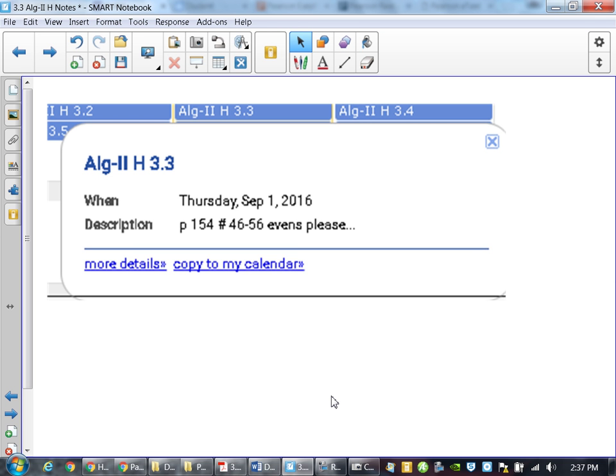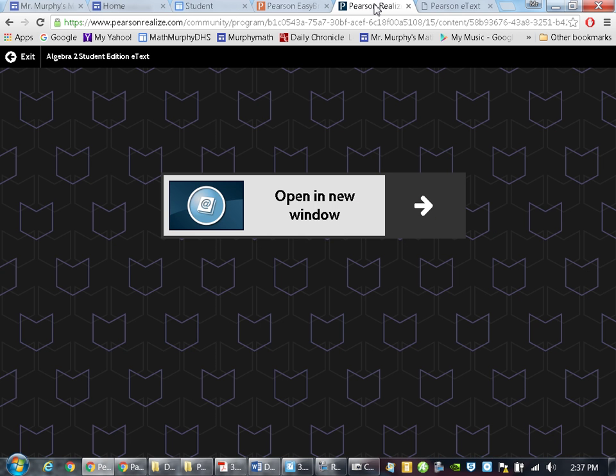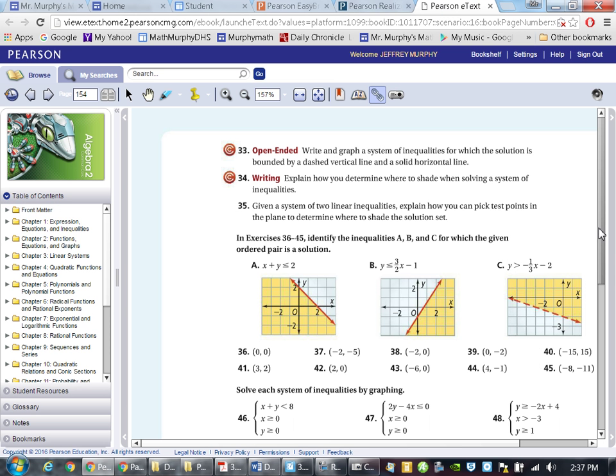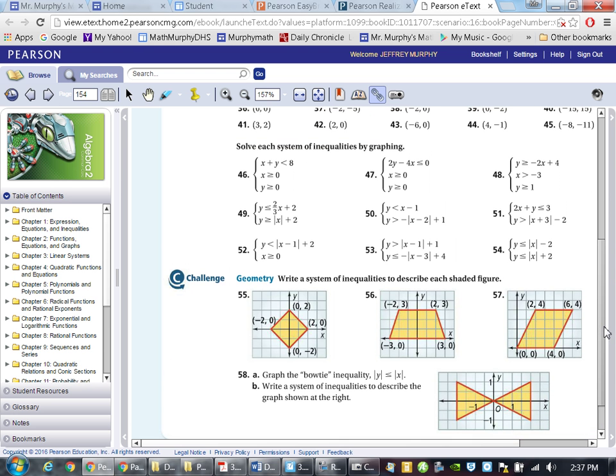The only other weird thing with this section is that the book, which is weird, one of these tabs. If you look at 46, see on number 46, it gives you the x is greater than or equal to 0, y is greater than or equal to 0 last.